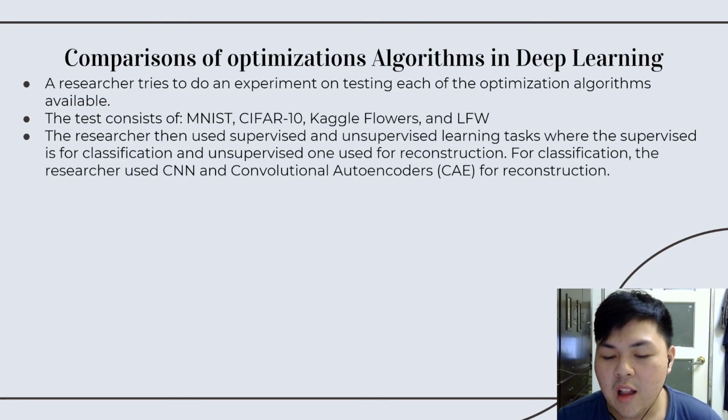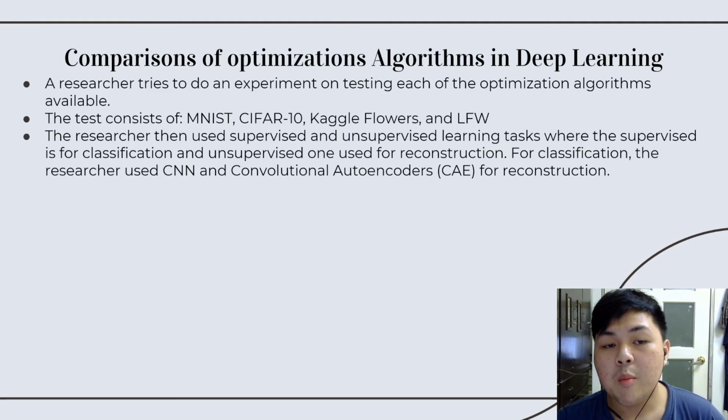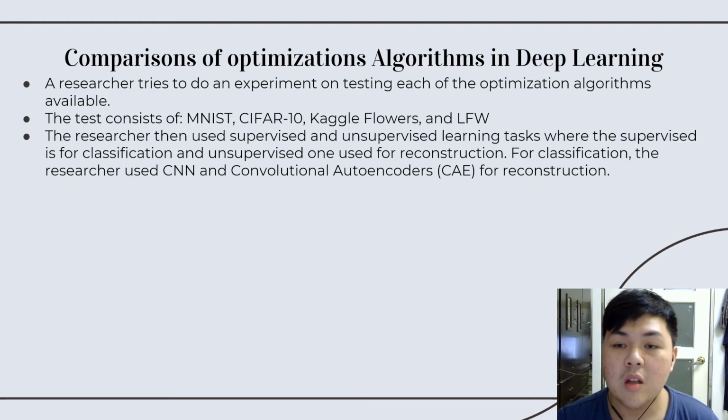And the last one is LFW, or Labeled Faces in the Wild, which includes 13,230 face images belonging to 5,700 people. The researcher then used supervised and unsupervised learning tasks, where the supervised learning task is for classification and the unsupervised one is used for reconstruction.